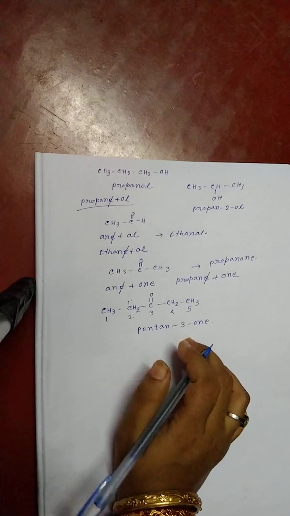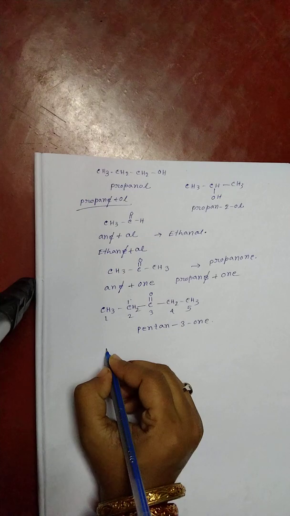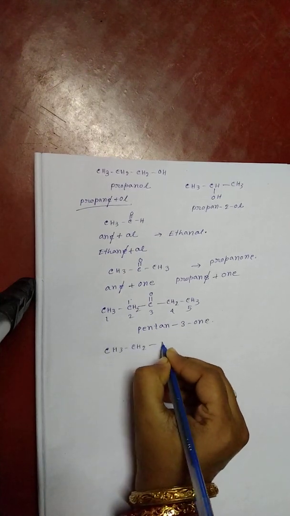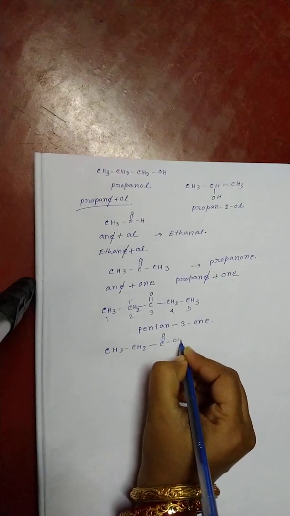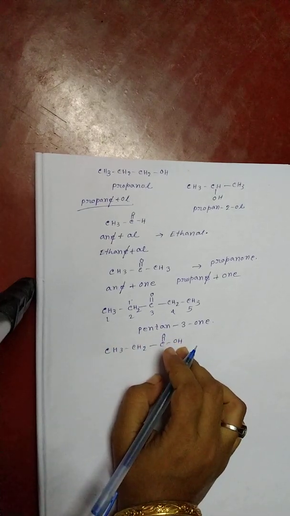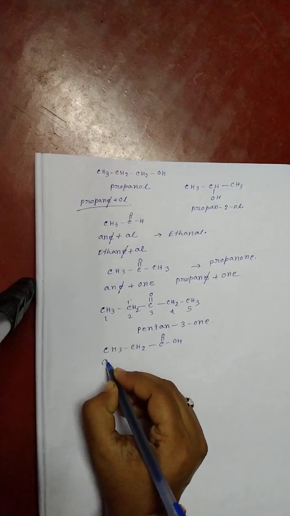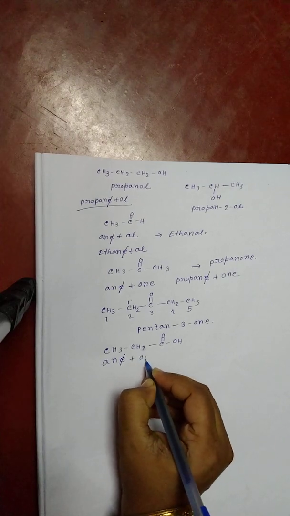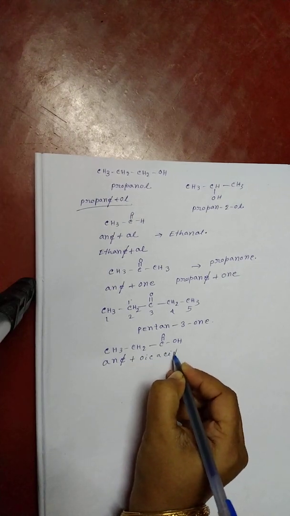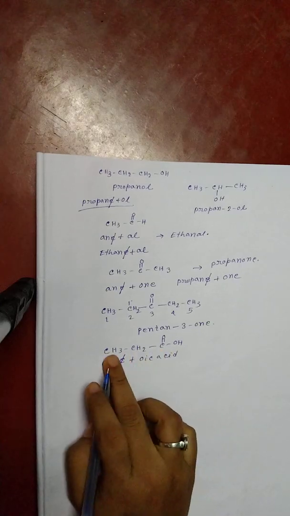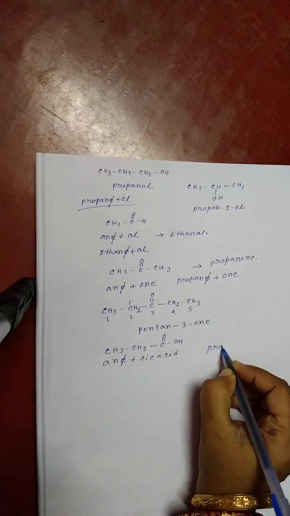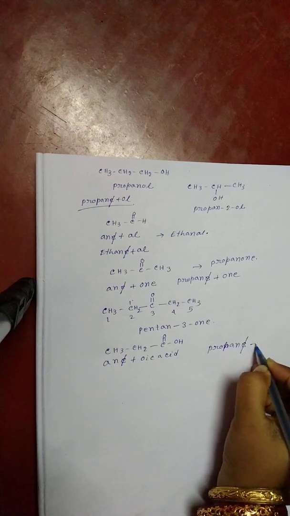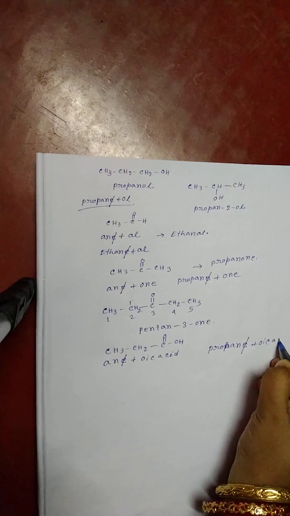Next I am taking one example of a carboxylic acid, CH3 CH2 C double bond O OH. This is one carboxylic acid. In that case we replace the e of the alkane by oic acid. So for 1, 2, 3 that is propane, and we remove e and add oic acid.